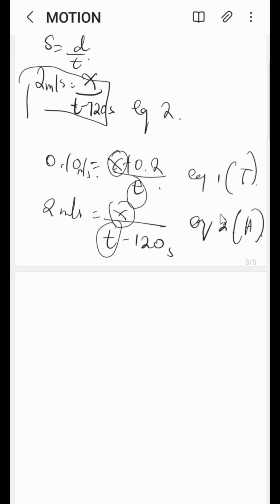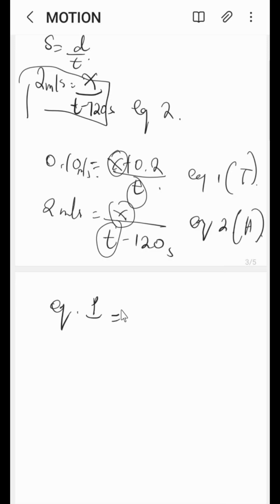But since the variables are the same, they would still give you the same answer. Again, you can use any, but let's prioritize the tortoise because it won. I mean, come on, winners, you know.